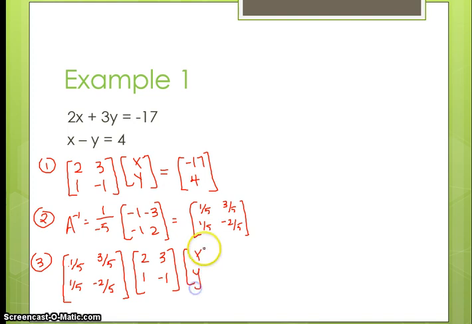Here's the left half. Since I have to multiply both sides by that inverse matrix, I need to make sure I put that inverse matrix out front, since multiplying matrices is not commutative, so the order does matter.